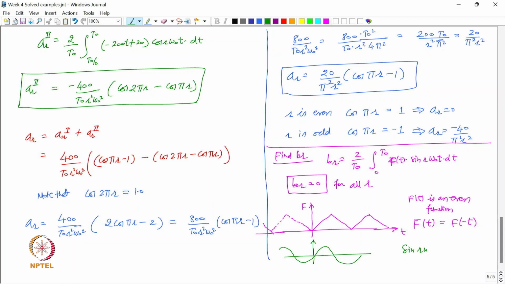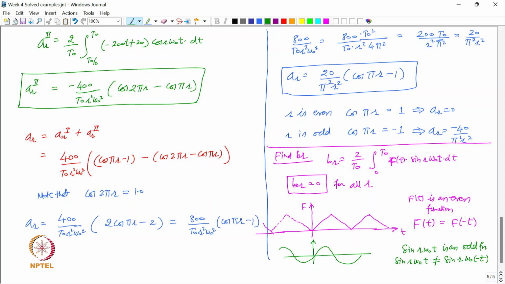Sine r omega naught t is an odd function, because sine r omega naught t is not equal to sine r omega naught minus t. And that is why the BR components are not required to make up the periodic function f of t, and that is why the integration process has led to the result that BR is 0.